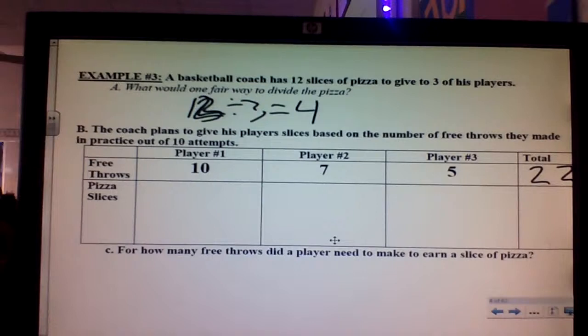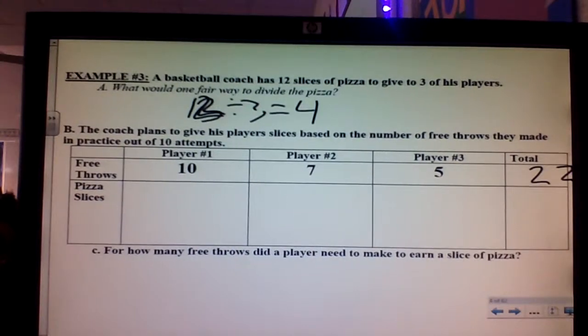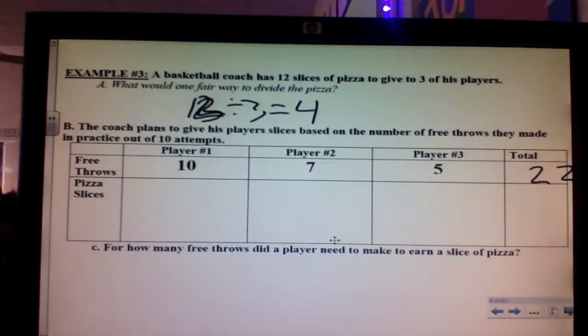Player should have 4 slices of pizza. But he's trying to teach him a lesson about hard work, so it's based on the number of free throws they made out of attempts.